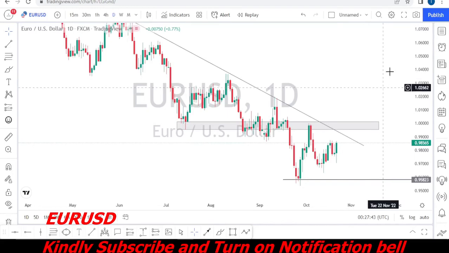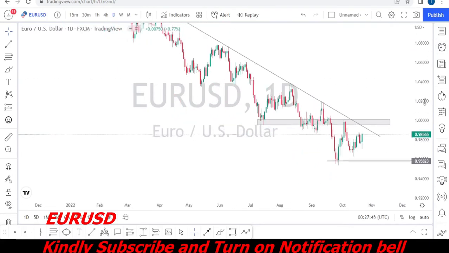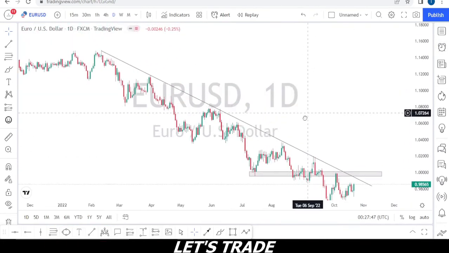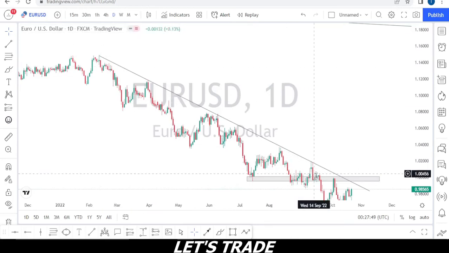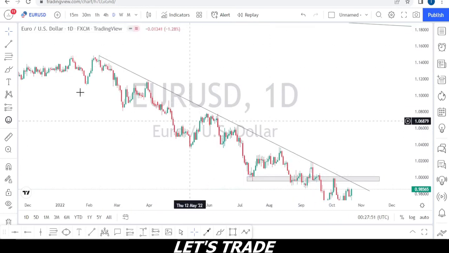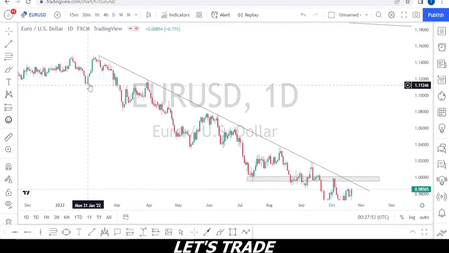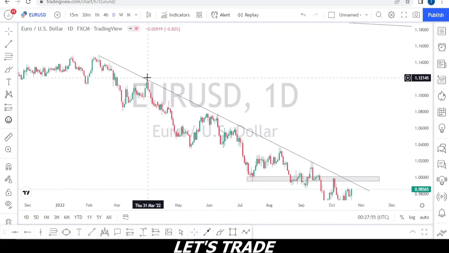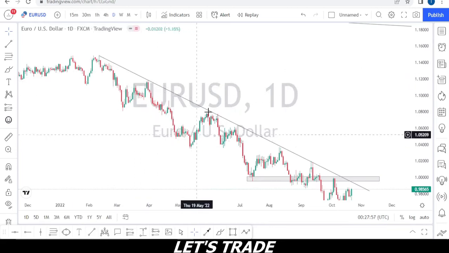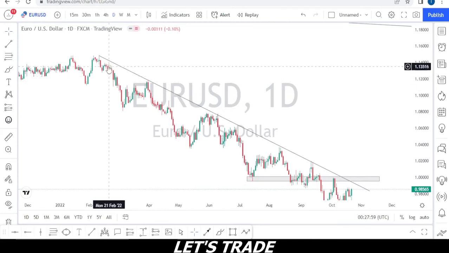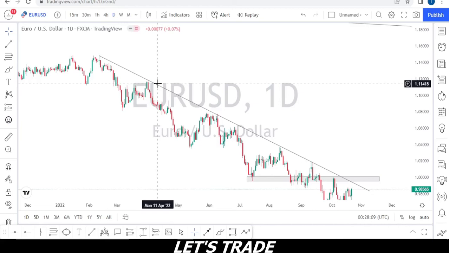EUR/USD has been super bearish from this point to this point. Now I want you to notice something, guys. From this point, we were creating consistent lower lows, lower highs. You could easily spot the impulsive bearish movement, then the sideways consolidation or retracement.